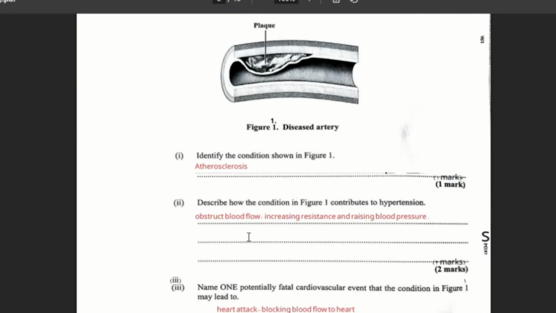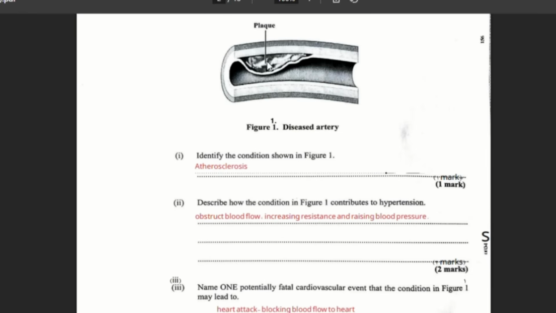The second question is saying, describe how the condition in figure 1 contributes to hypertension. So this plaque being within the artery is literally obstructing blood flow, and it's going to increase resistance, and when the blood is having a harder time moving through, it is going to raise the blood pressure.